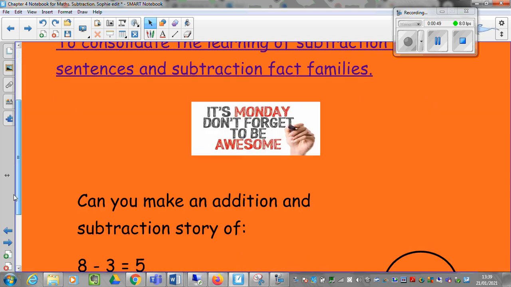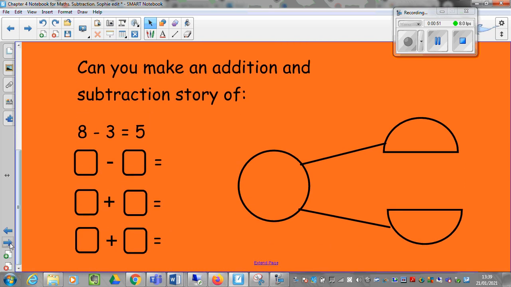Let's have a look at our first maths question for today. It says, can you make an addition and subtraction story of this number sentence here? So I've got 8 take away 3 equals 5. So I'm going to, first of all, before I make my subtraction story, put them into my number bond diagram over here.